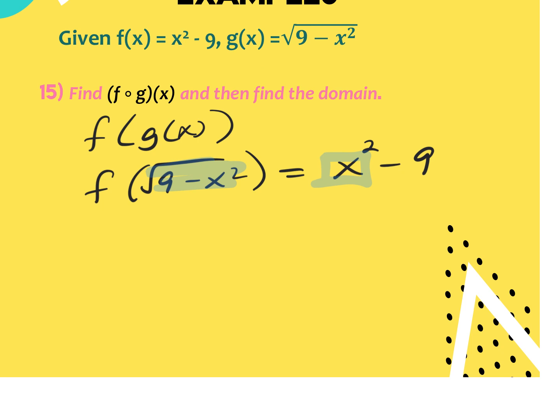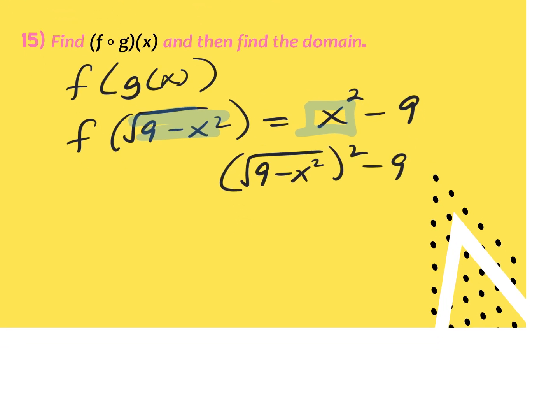So I have 9 minus x squared under the radical, squared, minus 9. Remember, when you square a radical, it just cancels it. So this 9 minus x squared comes out. And now my combined function, 9 minus 9 is 0.